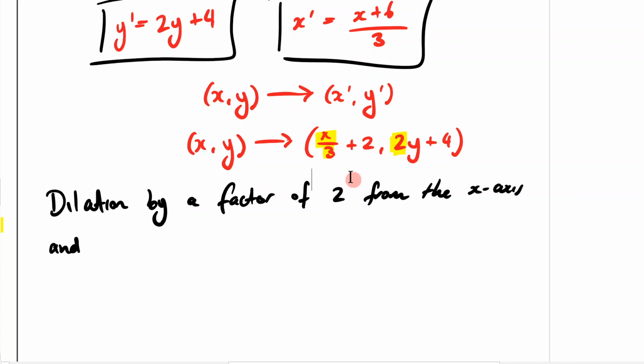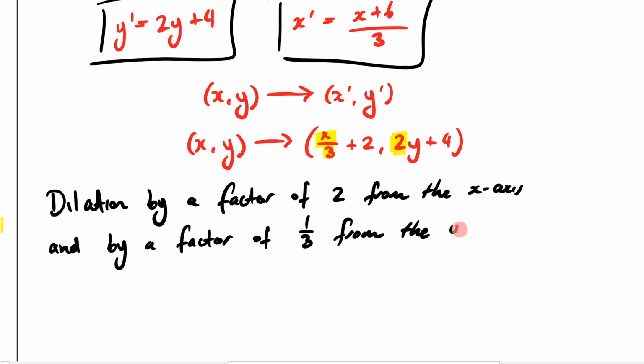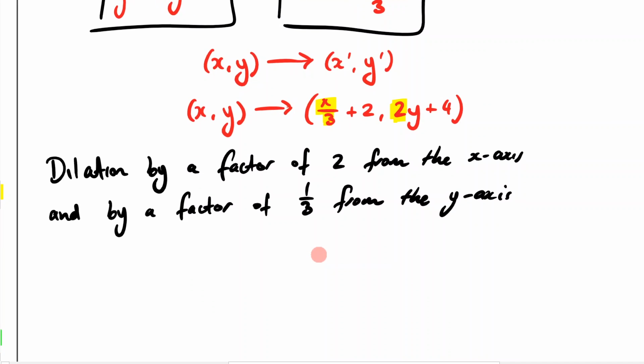This is telling me that I have a dilation of a third from the y-axis, dilation by a factor of 1/3 from the y-axis. I don't have any reflections, so then I move on to my translations.